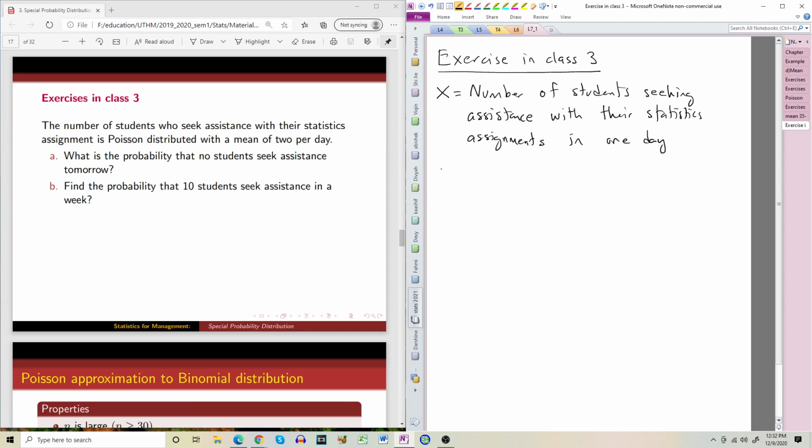The mean is 2, with the mean of 2 per day. The condition is 1 day. In 1 day, two students will seek assistance for the statistic assignment.